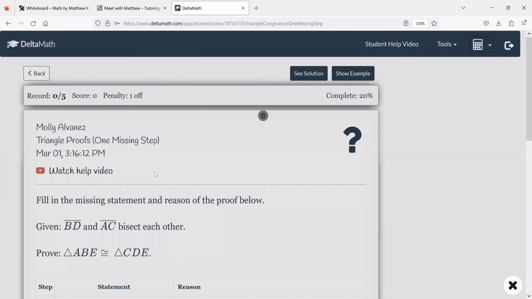They say that even though we know they're both 90, they go on to say that they are then congruent, and that because that one's congruent to itself, they can prove that the two triangles are congruent.